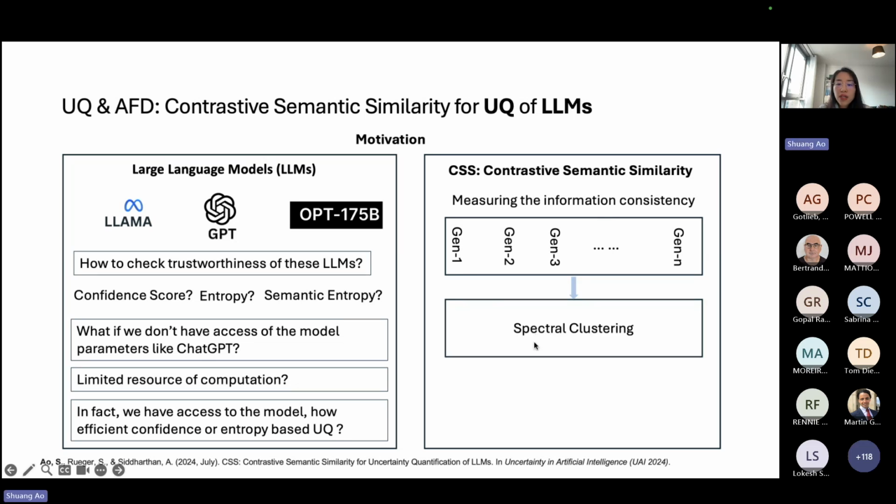Then we utilize spectral clustering to cluster all these answers based on their semantic meaning or features. Then you can have the uncertainty score for each generation, and for each cluster of generations. In this way, we use this uncertainty score to reflect the uncertainty of the large language model.